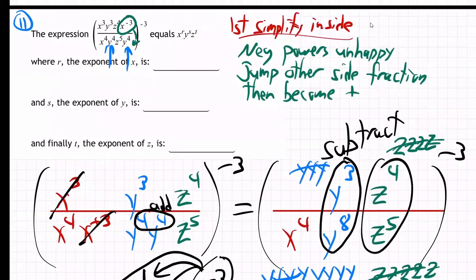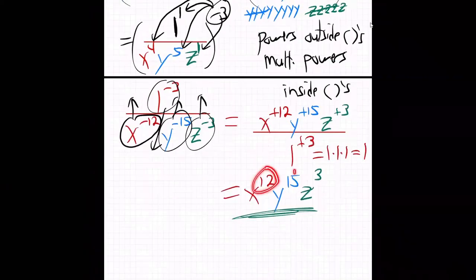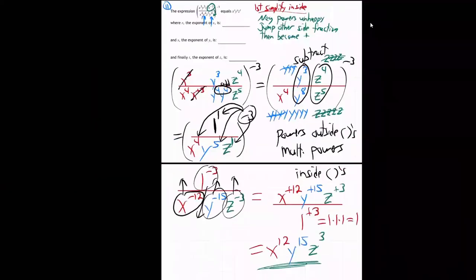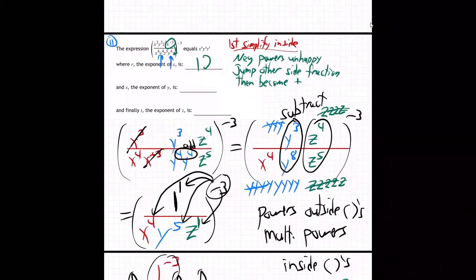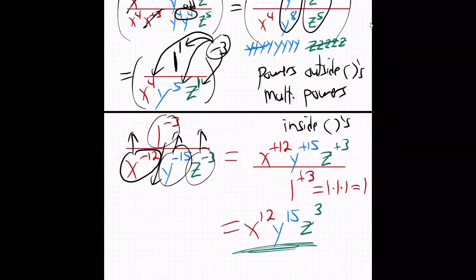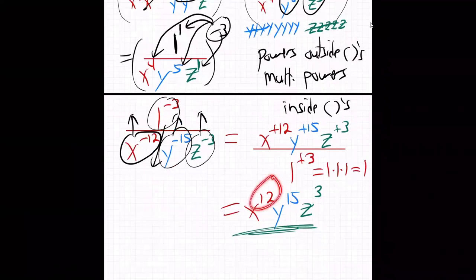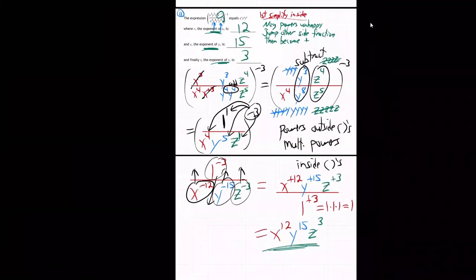So all they want is the number. So what are they? It's 12, 15, and 3 for mine. So I'm just going to literally type in 12, 15, and 3, because all they want is the powers for x, y, and z, the numbers, the 12, the 15, and the 3. They don't want you to actually type in the x, y, or z on this one. They just want the powers on x, y, and z.